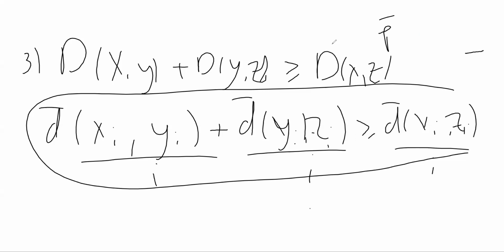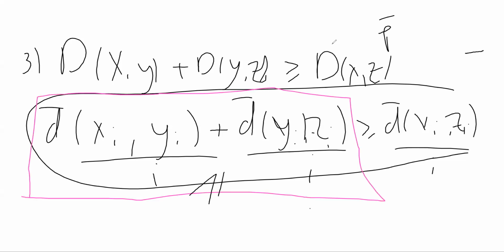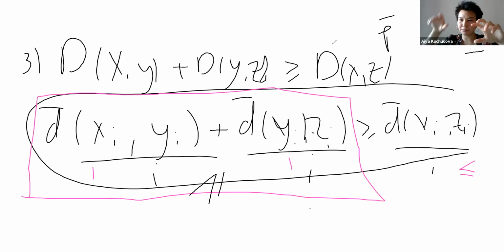So can we use that this part would always be smaller than the supremums? I'm sorry, this part is always smaller than the supremum of this and this part is always smaller than the supremum of that. But it's not really good to say it's smaller than the supremum because it breaks your inequality.